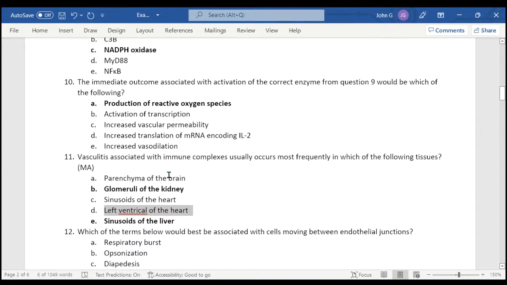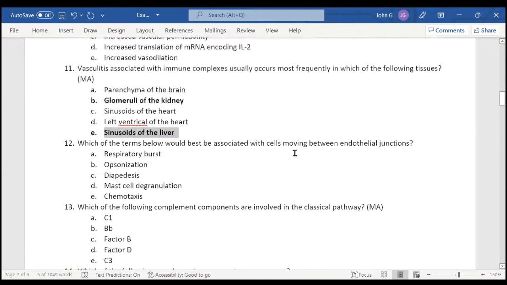It's not small enough for immune complexes to deposit there. So that's not going to be one of your answers. But the kidney, the glomeruli are fenestrated, and so that makes kidneys a usual target of immune complexes. And then sinusoids in the liver are like little holes in the vascular endothelium where immune complexes can end up getting lodged. So that's type 3 hypersensitivity kind of stuff.